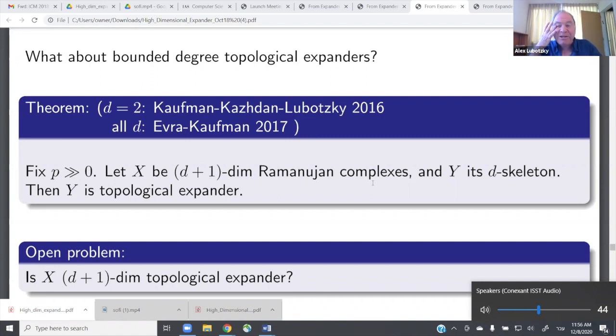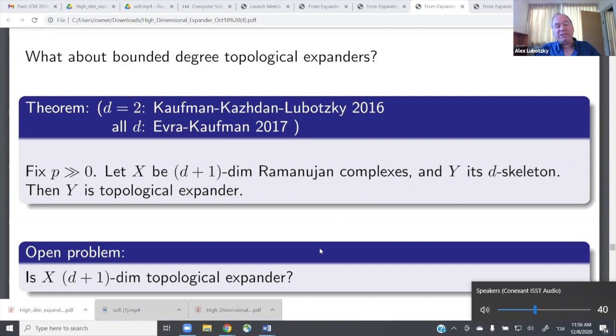These D-dimensional simplicial complexes, or if you want, uniform hypergraphs, are epsilon topological expanders for some epsilon depending only on this P.